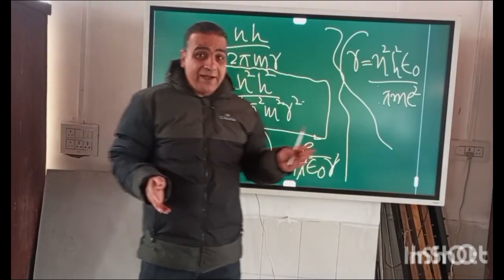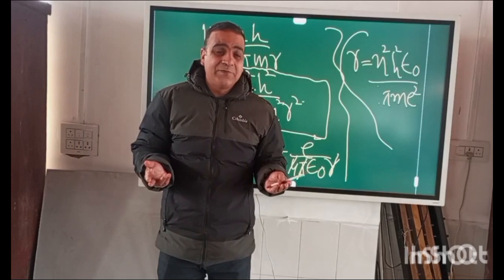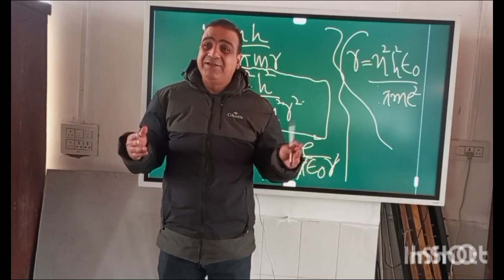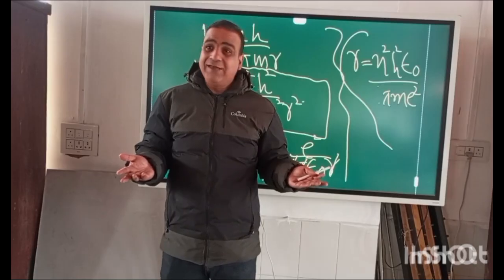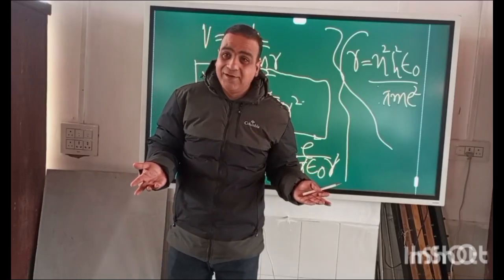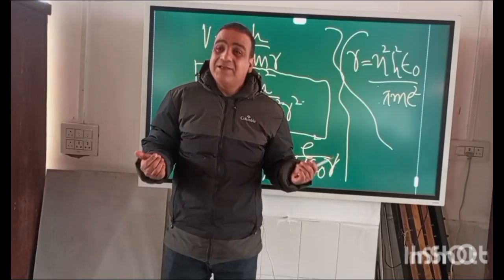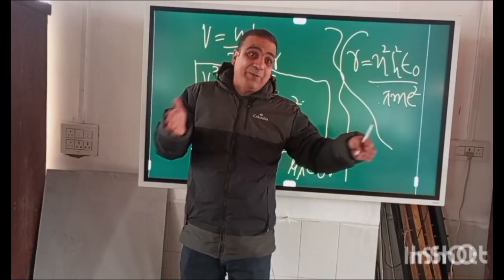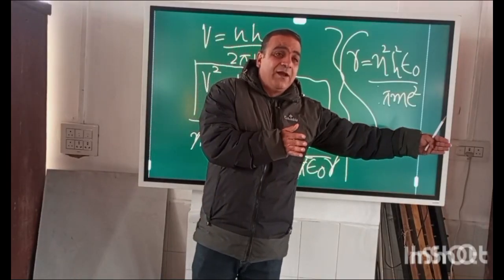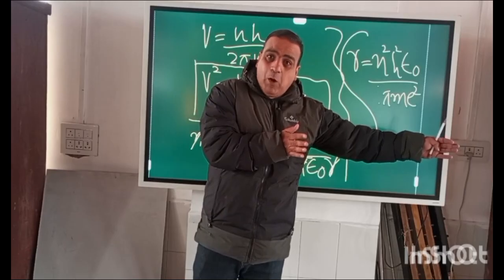And see, I used an argument. What does Bohr say? He says angular momentum is an integral multiple of h by 2 pi. He doesn't have any explanation for that. Are you getting my point? There is no explanation for it, but it works.